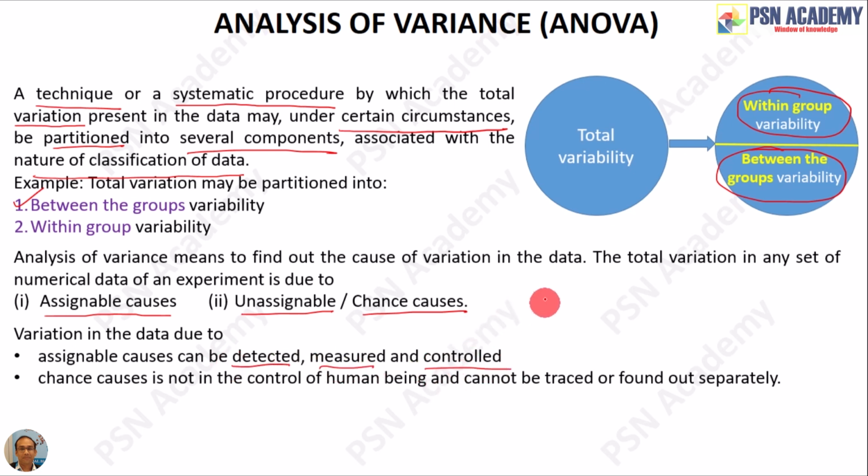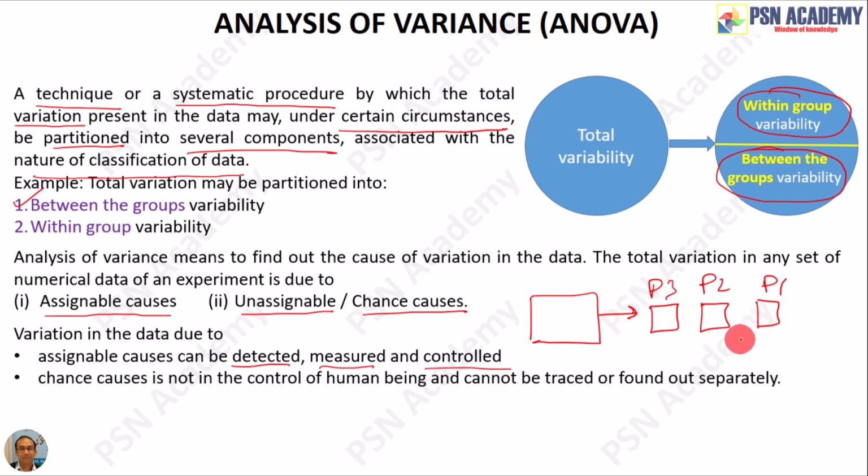Say for example, there is a machine and it packs milk. Suppose the milk packets are coming out like this; this one is pack 1, this one is pack 2, this one is pack 3. Now the net weights of each packet will not be exactly the same.